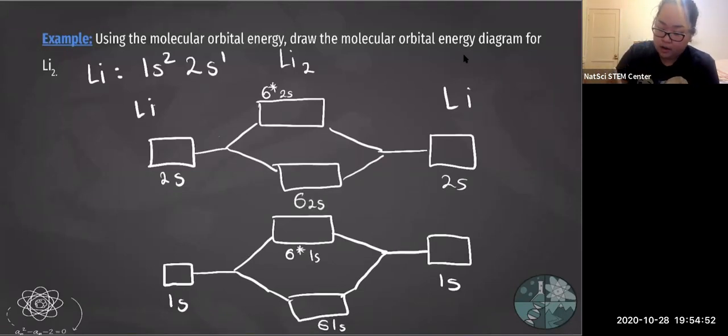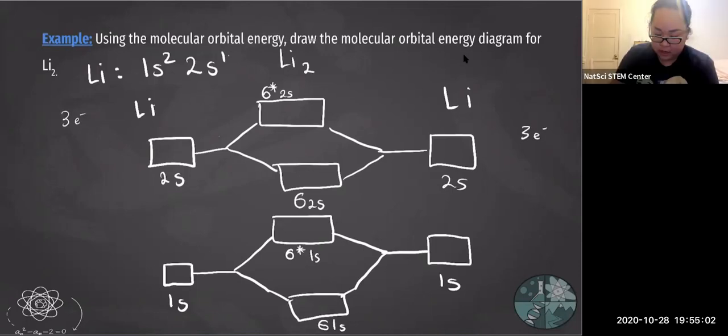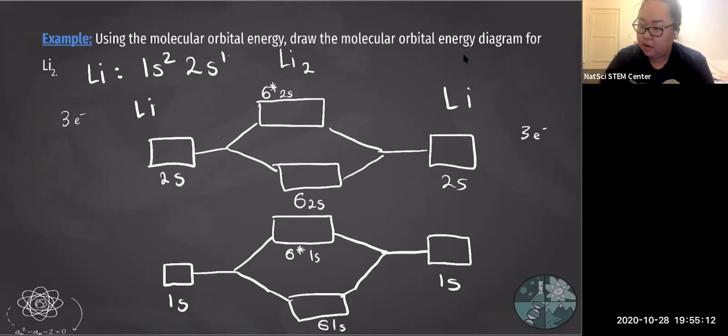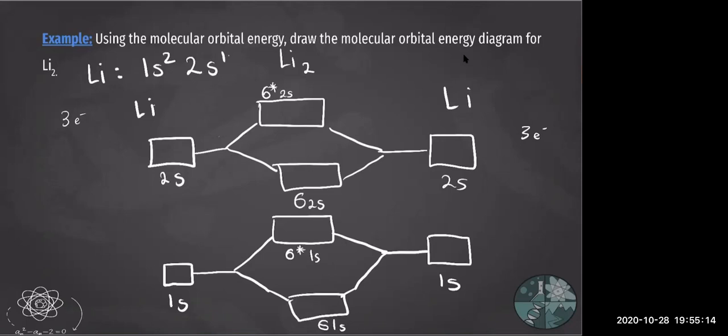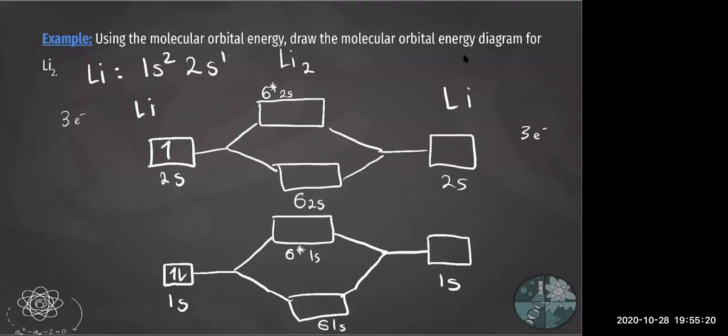So earlier we counted, so this is a total of 3 electrons for each side, right? So if you're filling it in, you'll have your 1s, you'll fill it, 1, 2, and then 3.